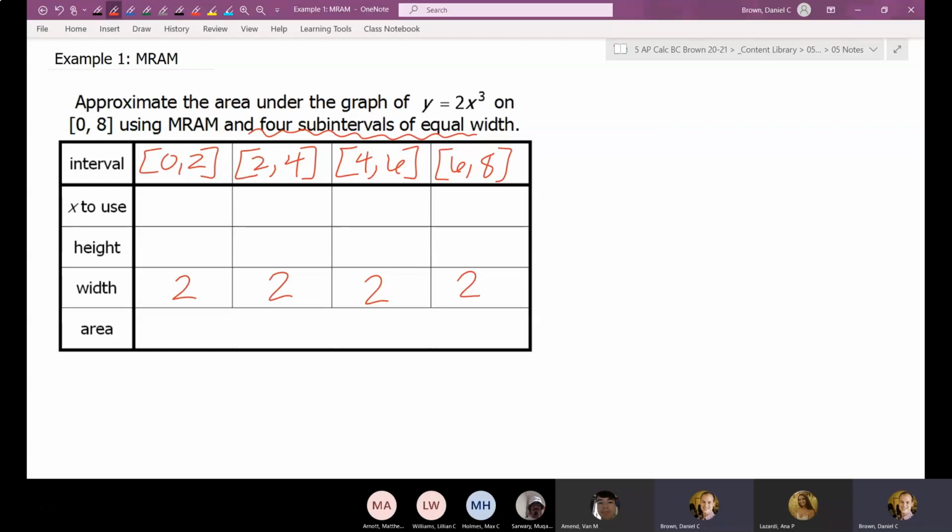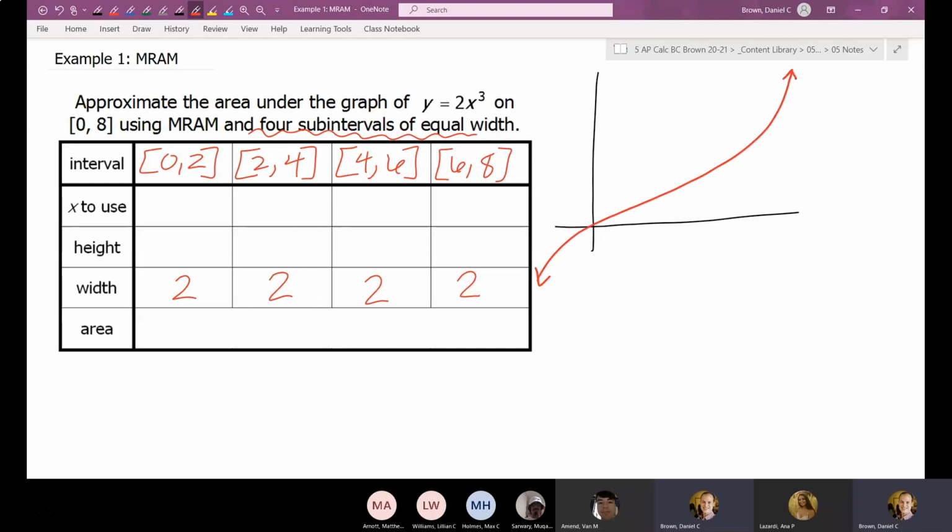I think sometimes seeing a graph when you're first starting off makes it a little bit easier. So if I were just to think about what this graph looks like, this is a cubic function that's been stretched by 2. So it does have that basic S curve, but it looks something like this.